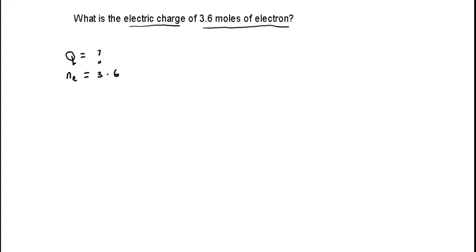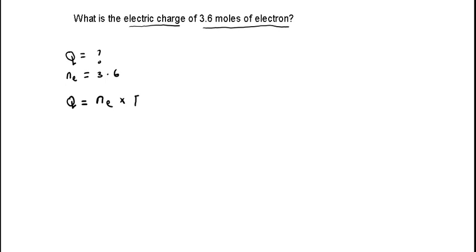And we have the formula as Q, which is the quantity of electric charge, is equal to the number of moles of electron multiplied by Faraday's constant.